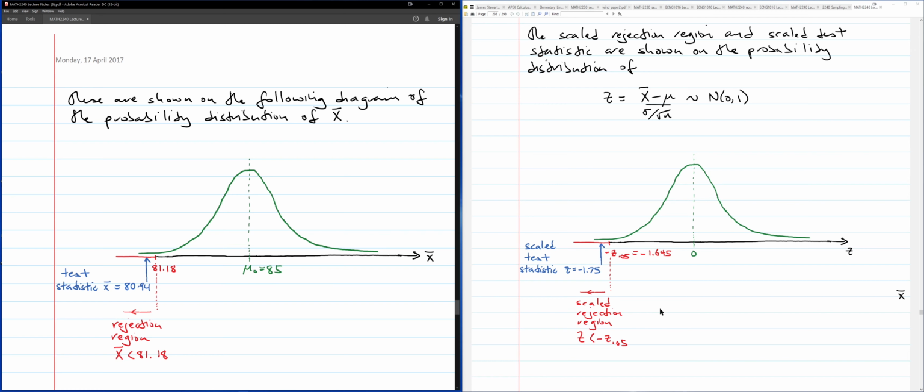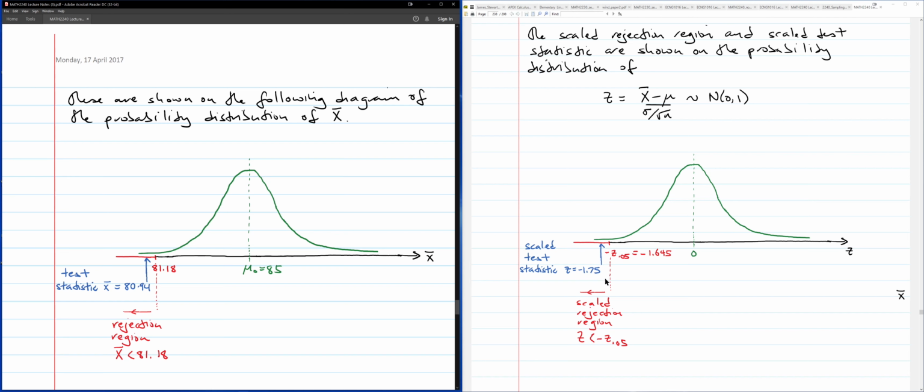Similarly, once you scale everything, the rejection region will scale, so now you have a scaled rejection region in terms of Z. The test statistic scales, but the actual reasoning, or the methodology to determine whether you reject or not, is the same.